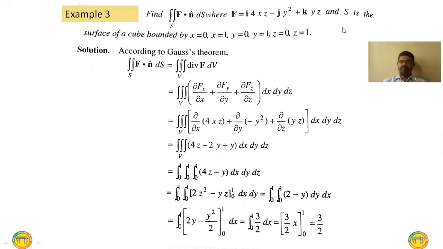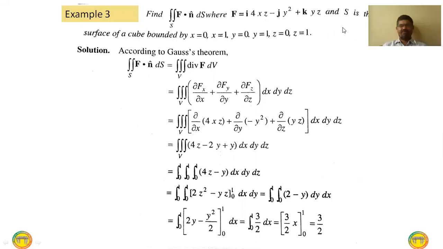Here the cubical element boundaries are given. Therefore, the side length will be unity. According to the Gauss divergence theorem, the double integral of F bar dot n cap dS equals the triple integral of the divergence of that vector field dV.